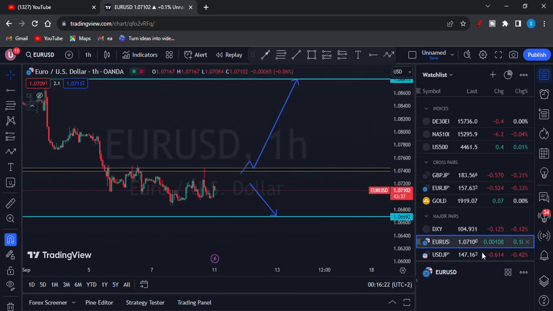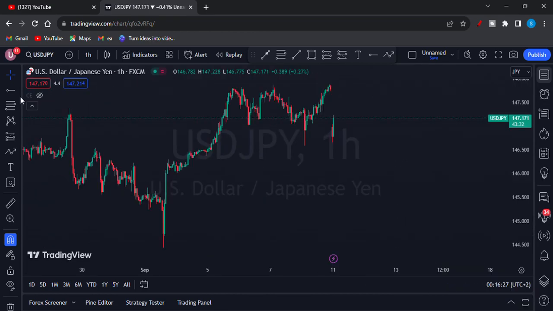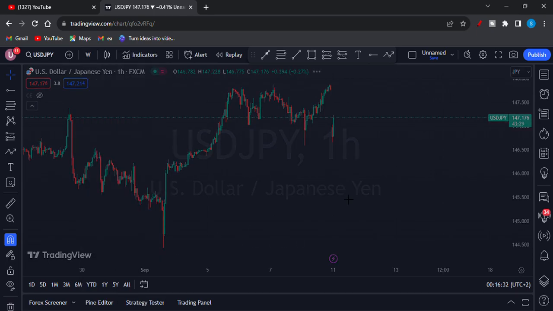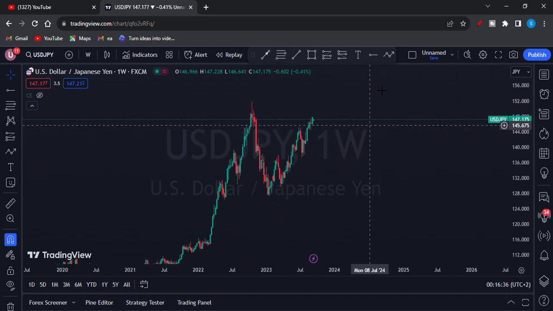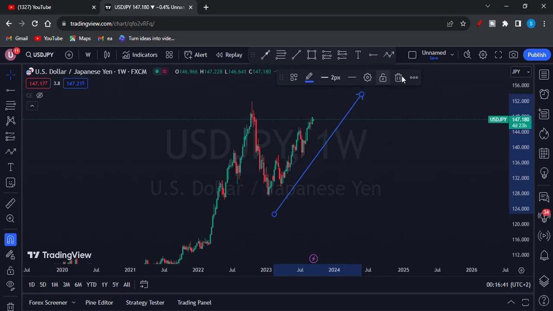Then let's go to USDJPY. And then on a weekly, we are on an uptrend.